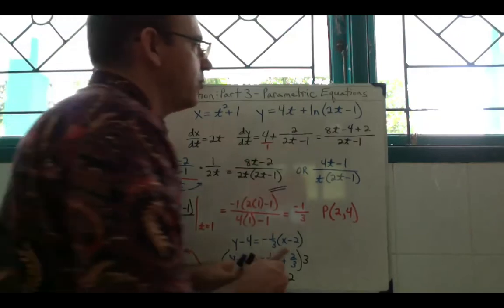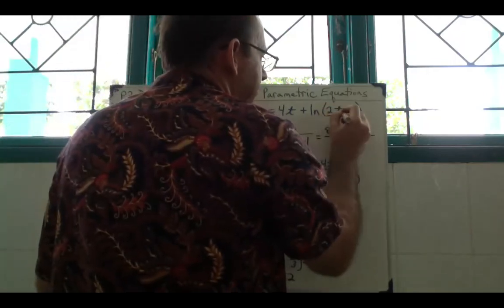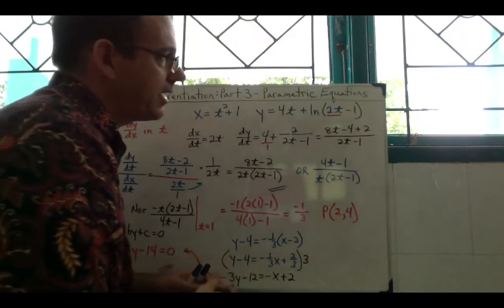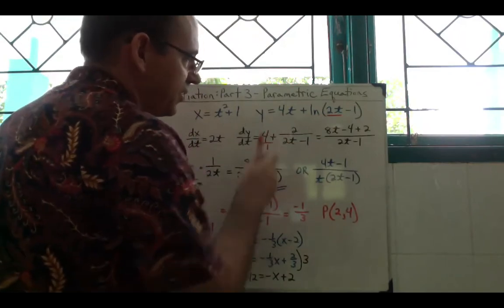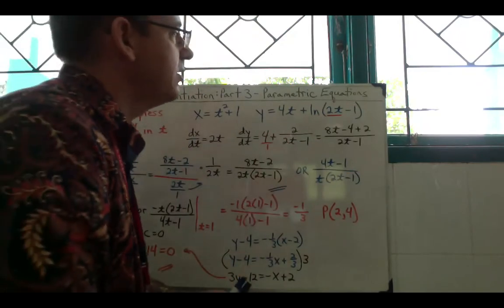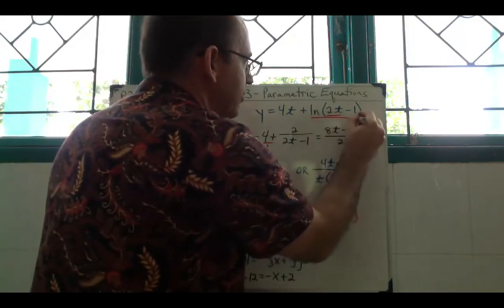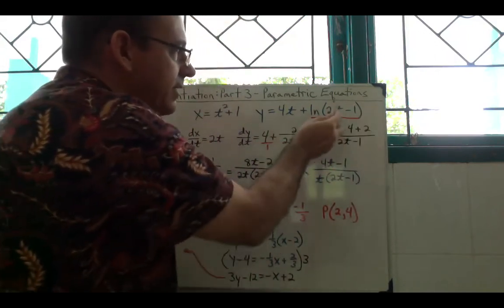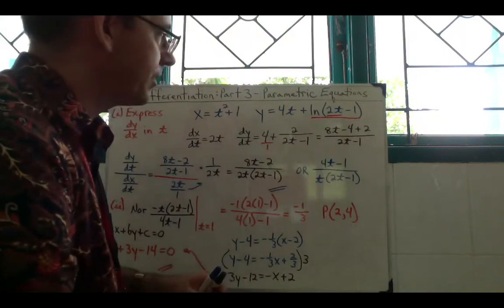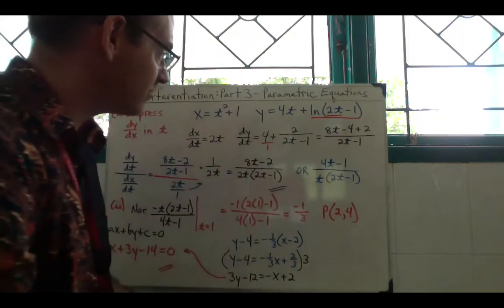And then don't forget the derivative of the inside, and the derivative of 2t is times 2. So the derivative of your logarithm is 1 over the argument, times the derivative of the argument, 2.